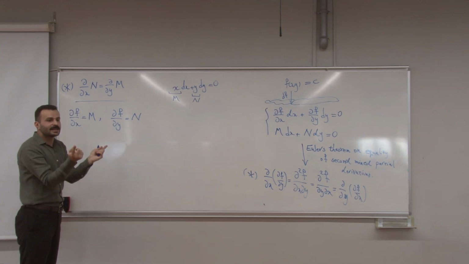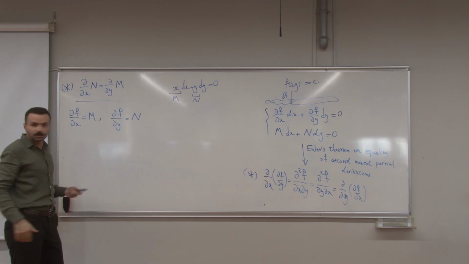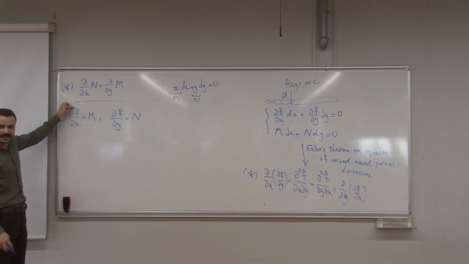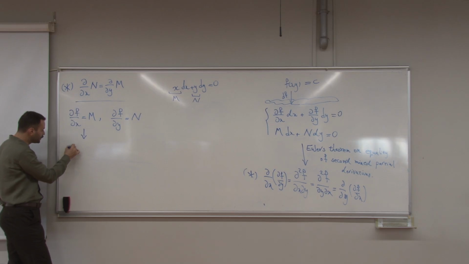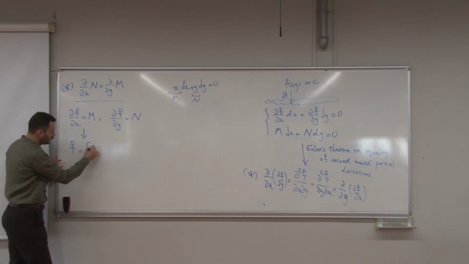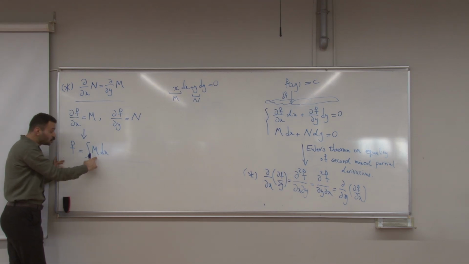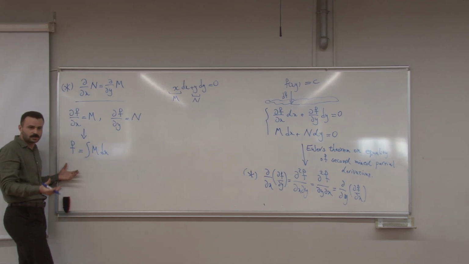Is there a way such that I can recover that function f itself? This is exactly what we are going to do. First of all, if I take the partial derivative of f with respect to x and get m, starting from here, can I say that my f is equal to the integral of m with respect to x, assuming that all the y's that may appear here are behaving like constants?